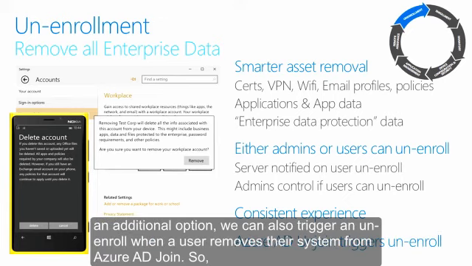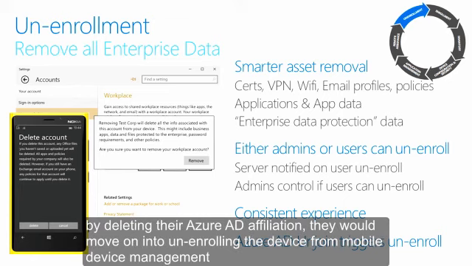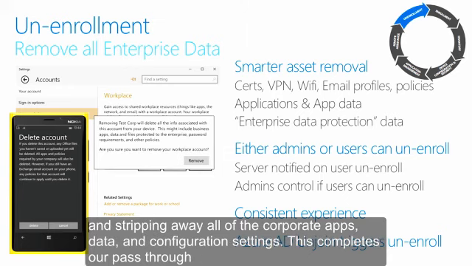As an additional option, we can also trigger an unenroll when a user removes their system from Azure AD Join. So by deleting their Azure AD affiliation, they would move on into unenrolling the device from mobile device management and stripping away all of the corporate apps, data, and configuration settings.